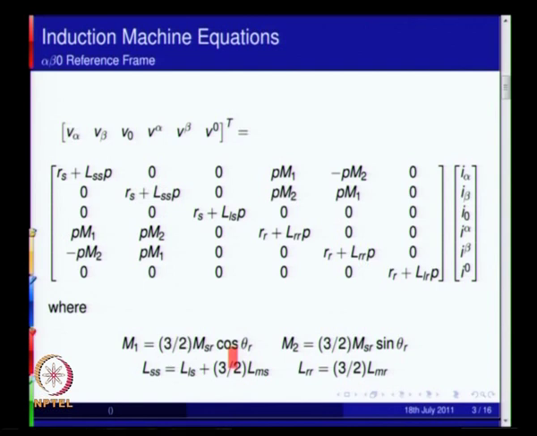We have not yet got rid of the rotor angle dependency. So, we still have to simplify it further.